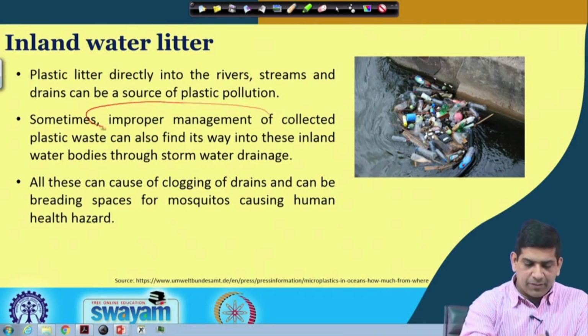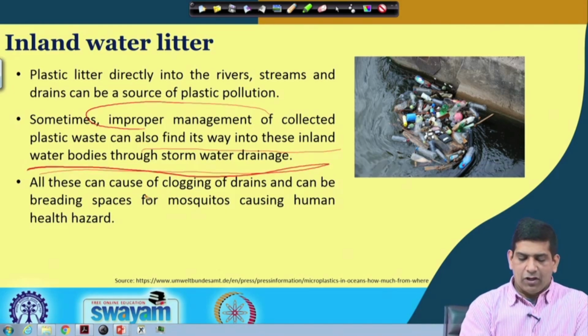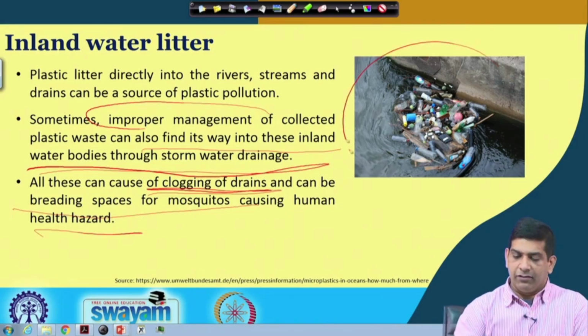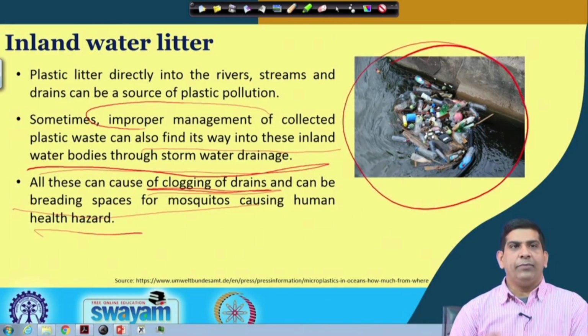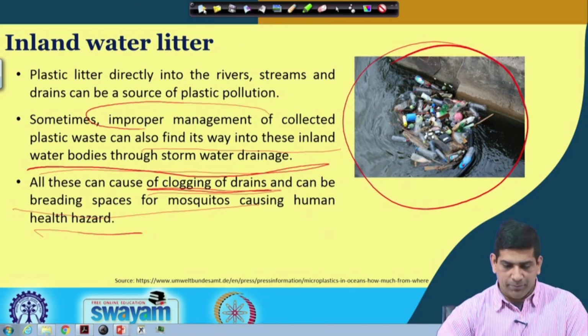Improper management of collected plastic waste can also find its way into these inland water bodies through stormwater drainage, and all this can cause clogging of the drain. Clogged drains can be a breeding source for mosquitoes as well, causing a human health hazard. So that is another problem in terms of inland litter that you see happening, plastic getting into the water and creating a problem.